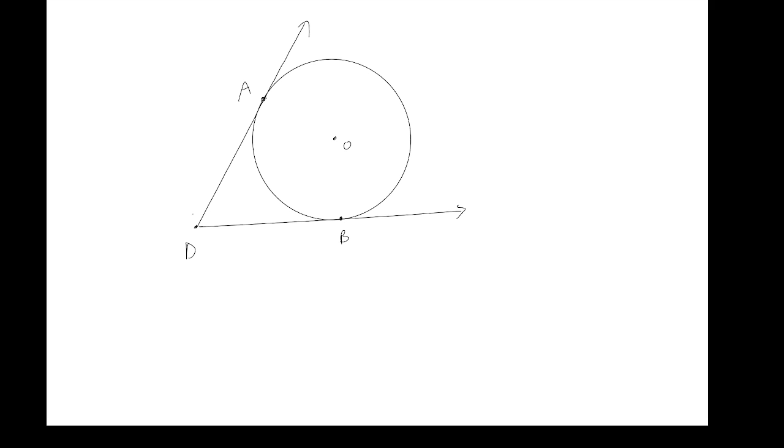Circle O. Let's put C. And then I have AC and CB, right? This is X degrees. Okay. This is 42 degrees given to us. BC is 222 degrees.